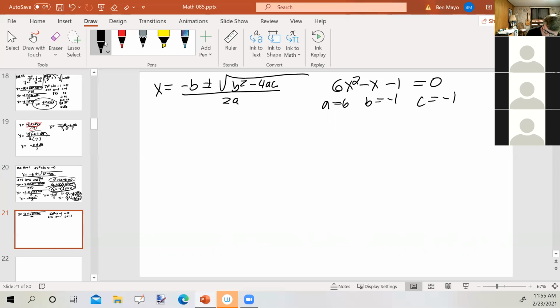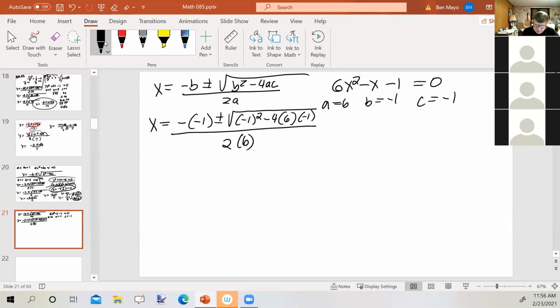So using the quadratic formula, plugging in the numbers for a, b, and c, I get x equals -b plus or minus the square root of b squared minus 4ac all over 2a. So I'm plugging in the numbers in the place of a, b, and c in the quadratic formula. Any questions yet?